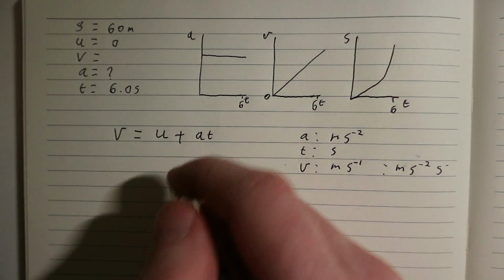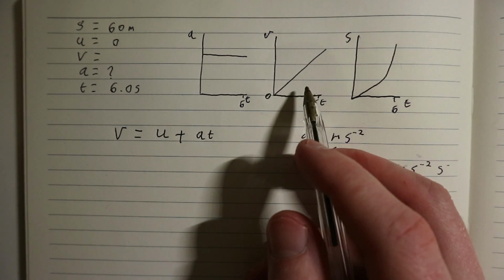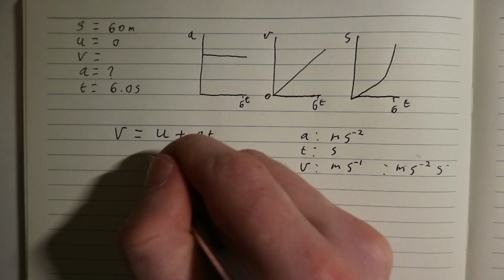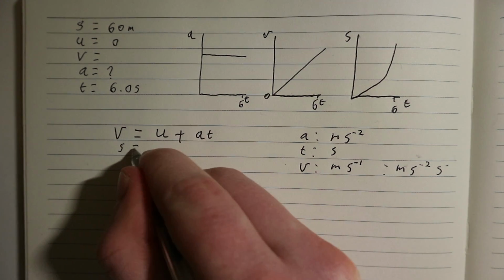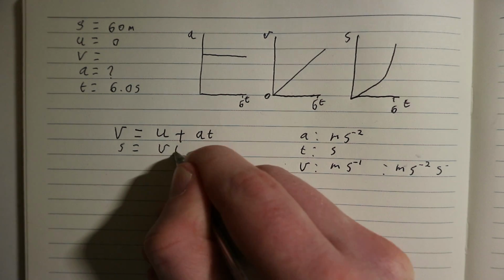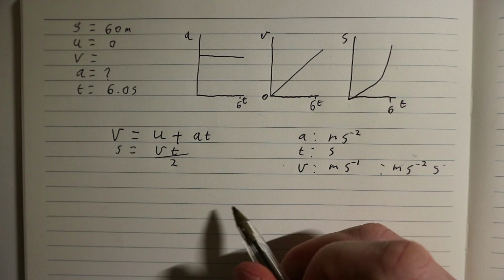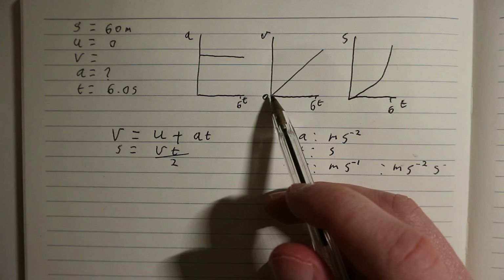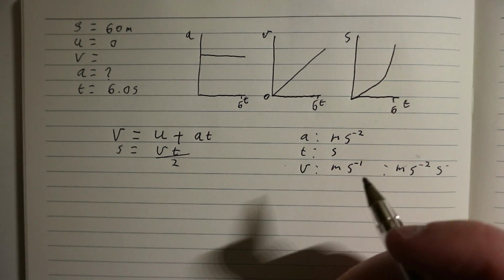This triangle will be VT divided by 2, as in area of a rectangle divided by 2. So displacement equals VT divided by 2. Now I should add that if there was an initial velocity u, this equation will be slightly different.